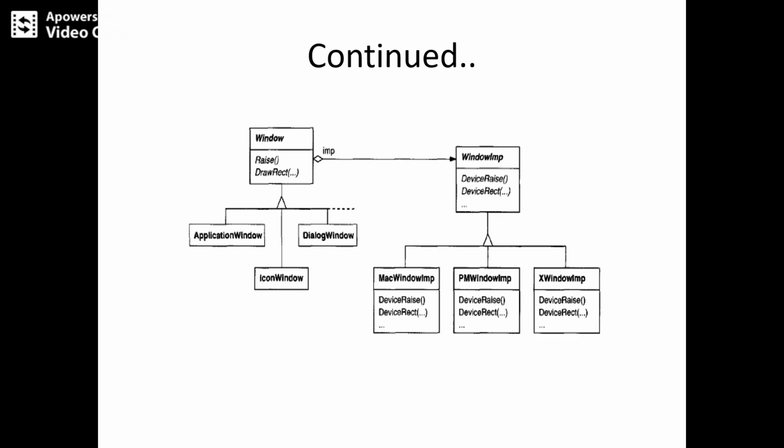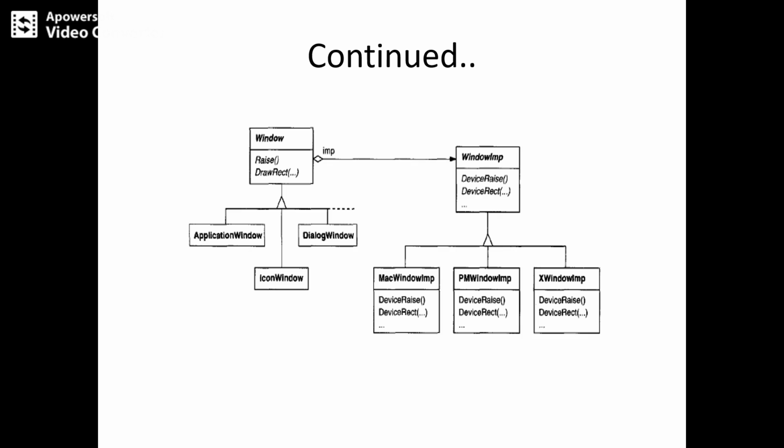Here we have two hierarchies: one is window, the other is the abstract class window IMP with its subclasses. The window operations include device rectangle and draw rectangle. These are followed by application window, dialog window, and icon window, and the window IMP subclasses Mac window, PM window, and X window, each with different operations.